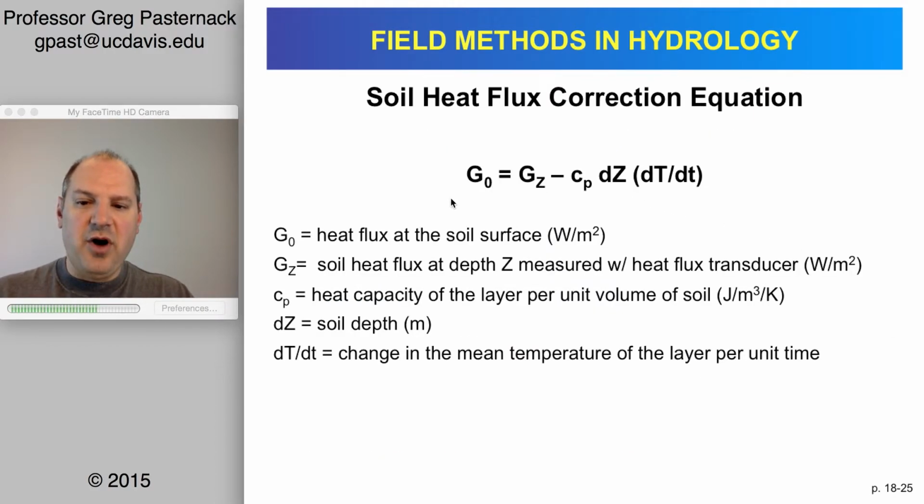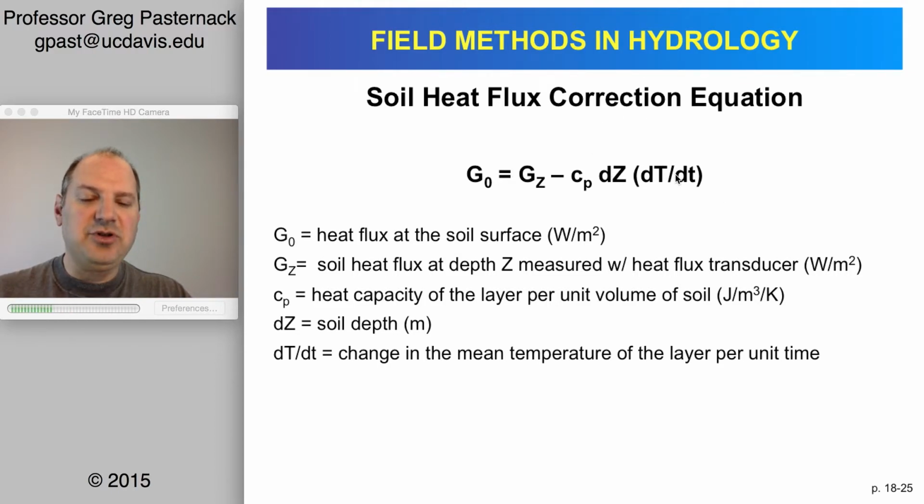So the correction involves taking the soil heat flux at a depth Z, like 4.6 centimeters, and subtracting from it the heat that's stored there. And so we have a temperature gradient here, dT/dt, right? So this is the change in temperature through time. And we've got dz here, so we're integrating through the depth.